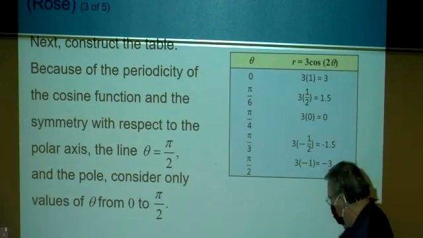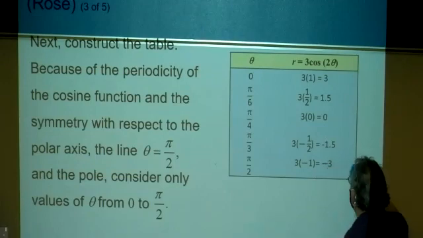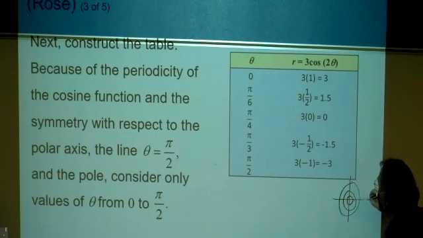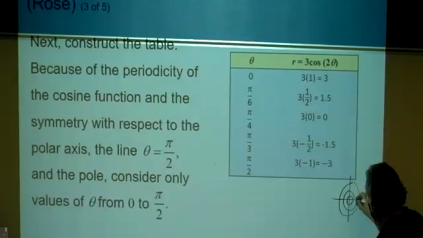So I probably should draw the circles first. I go out to 3 units. Okay. So when theta is 0, it's at 3. When it's at pi over 6, it's at 1.5, which is here.